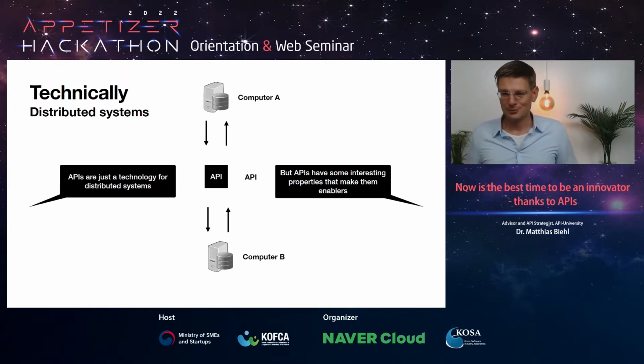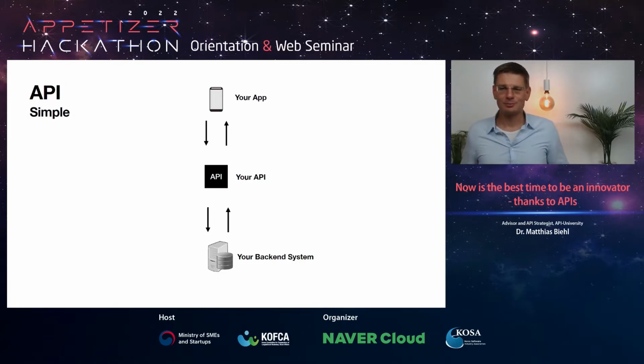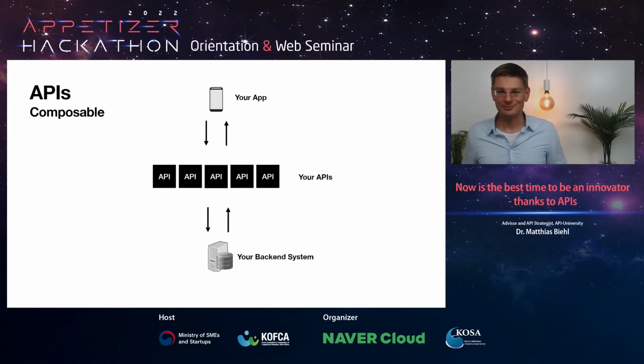They're also composable. Remember this picture with the building block? That's APIs. APIs are digital building blocks, right? So, for example, like this one here is a Lego building block. And if you look at it, it's interesting because it has this interface. It has a certain structure where it can connect to other building blocks.